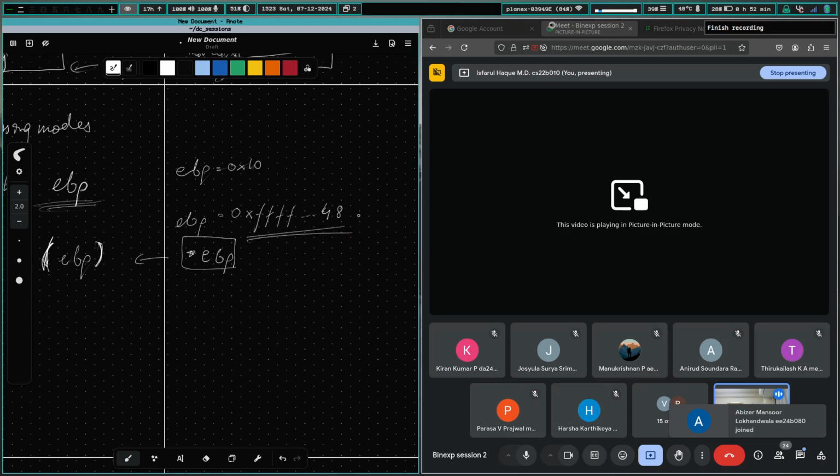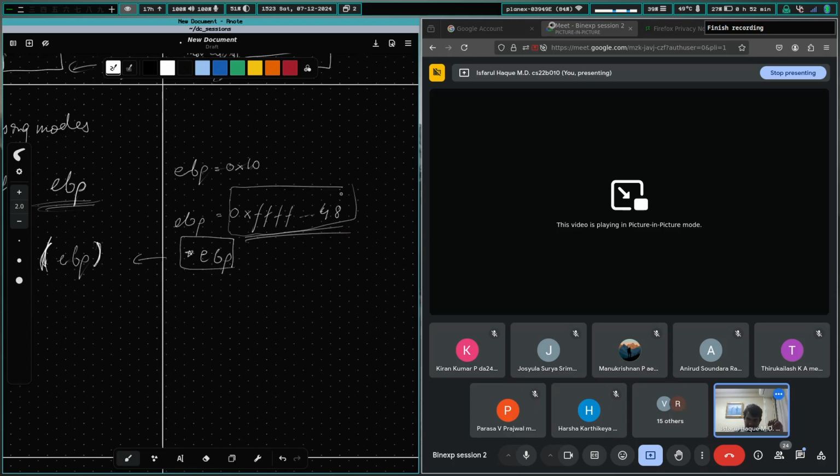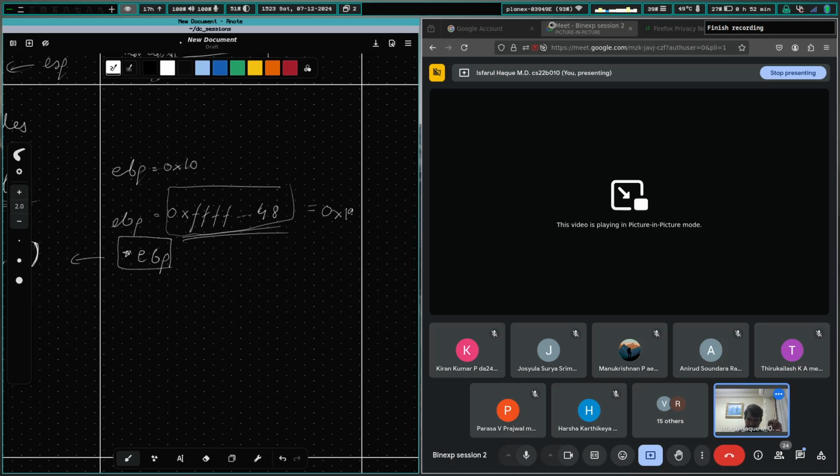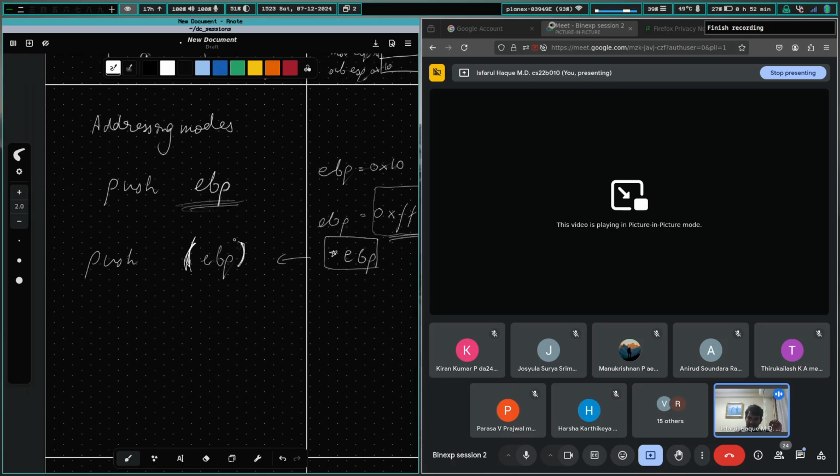So whatever is at this memory location, let's say that's 0x19. Then you would write 0x19 to that address. Is that clear? Oh, can you repeat it again? Yeah, so in the instructions, if instead of having push EBP, you have push brackets EBP.